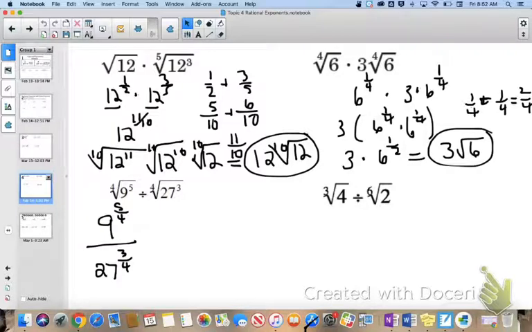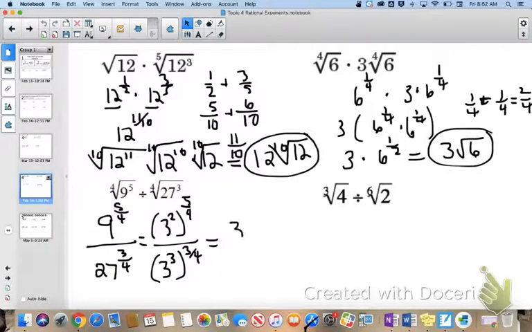Now, 9 and 27 are not the same base, but we can get them to the same base, right? 9 we can write as 3 squared to the 5/4, and 27 we can write as 3 cubed to the 3/4. Now you look at power to a power. 2 times 5/4 is 10/4, and 3 times 3/4 is 9/4.